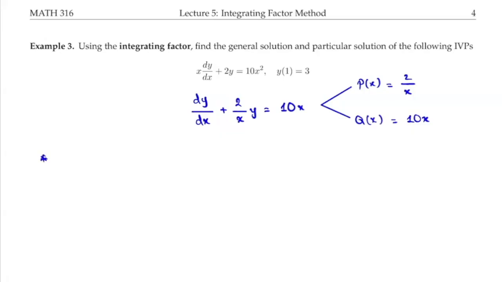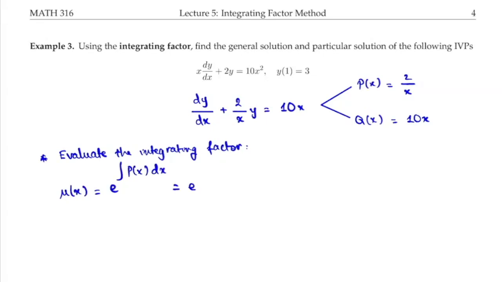So first, you evaluate the integrating factor. That is mu of x equal to e raised to the power of the integral of p of x dx. Well, p of x in this case is 2 over x. So the antiderivative of 1 over x is ln of the absolute value of x.